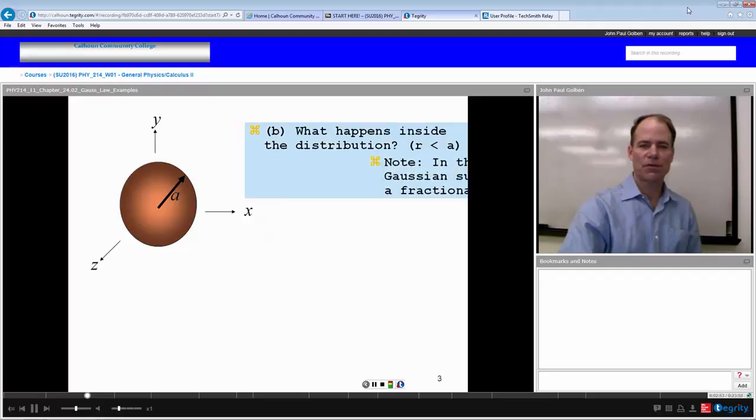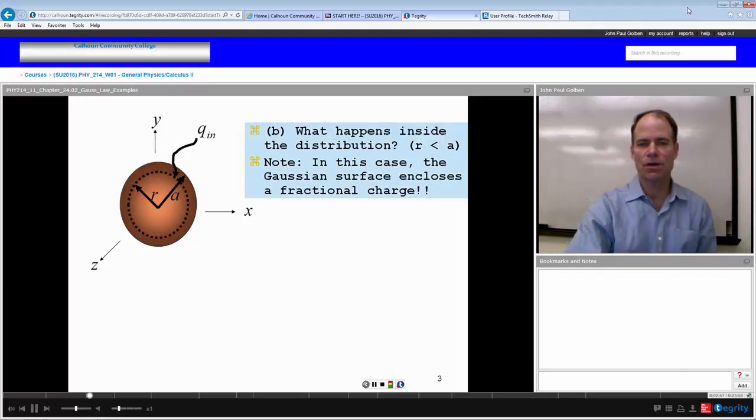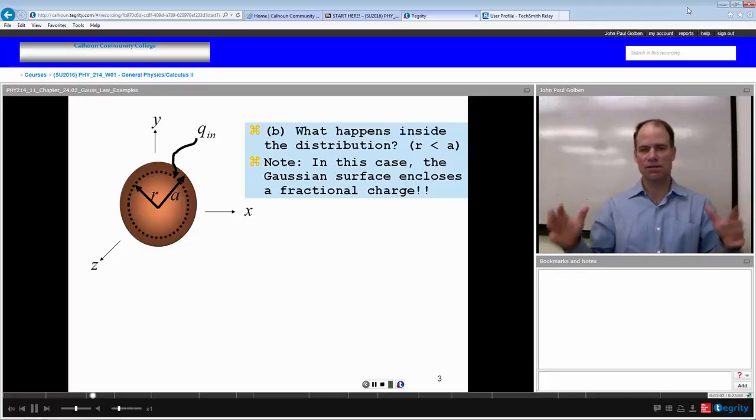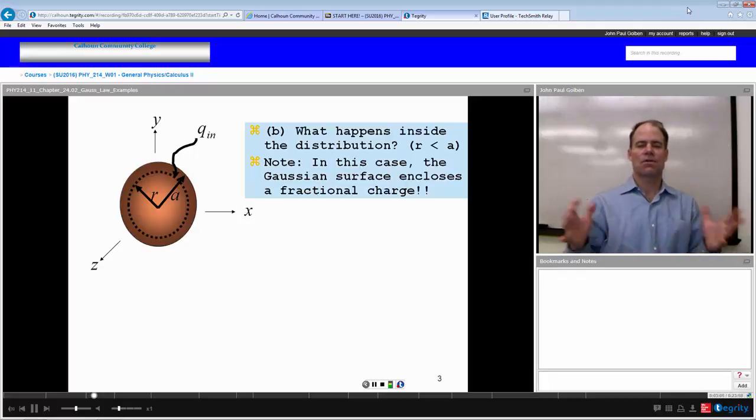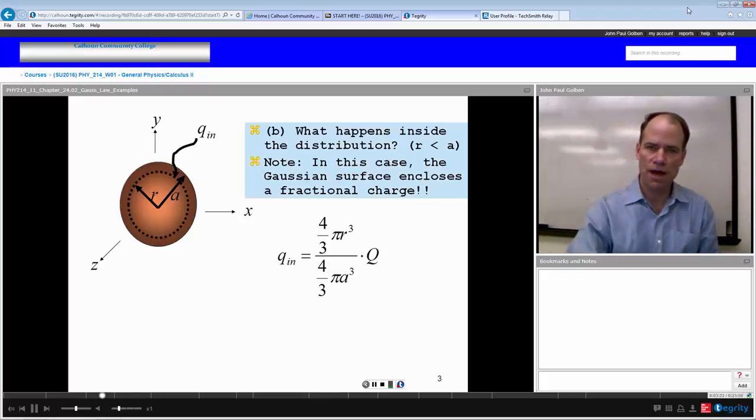What happens though if we go inside the distribution? Now we're going to have a Gaussian surface of some arbitrary radius r that is less than the radius of the distribution. The main difference here is that we're going to enclose a fractional amount of the total charge available. And that fractional amount is going to be equal to the volume of our new sphere, 4/3 pi r cubed, to the volume of the charge distribution, 4/3 pi a cubed.